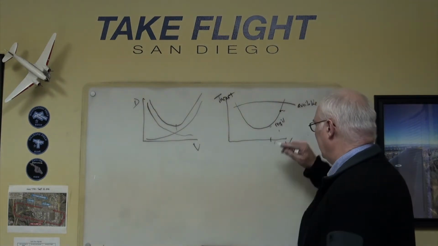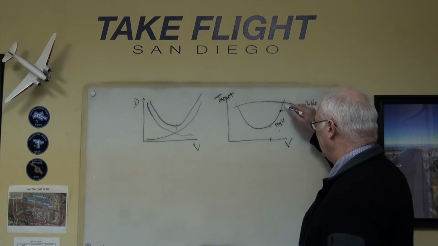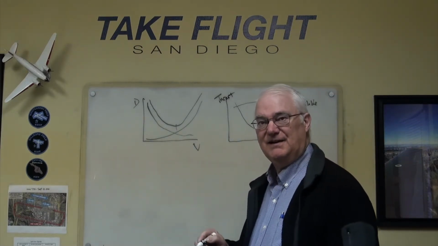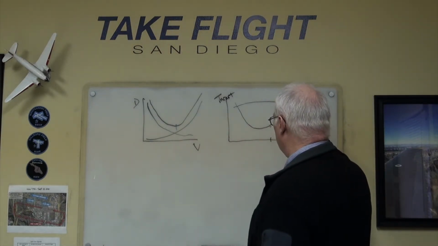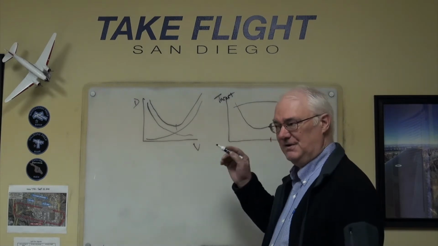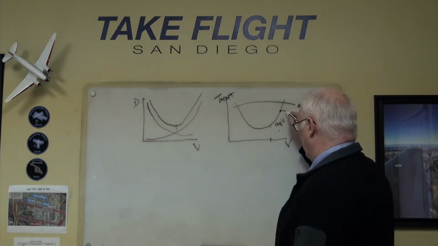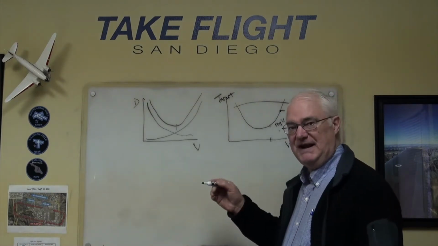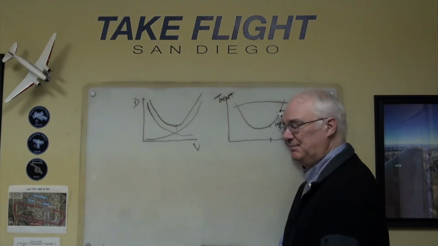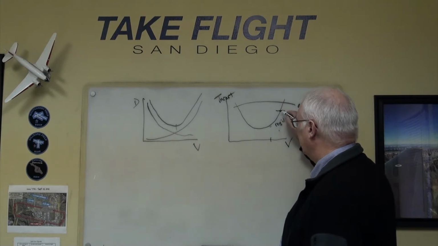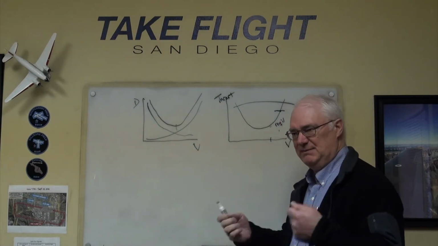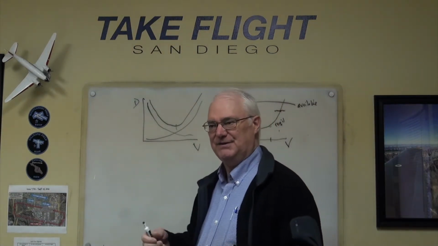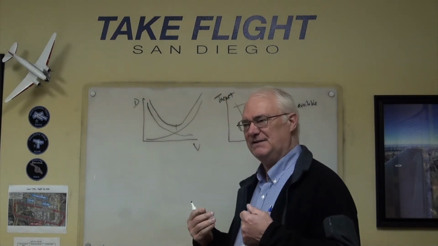Well, what happens here? We now have a lot more drag than the thrust we're putting out, and so naturally we are pushed back. There's more drag, so it pushes us back to where we were in terms of speed. The same thing happens if we pull back just a little bit, or there's a gust, and we get a little bit slow.